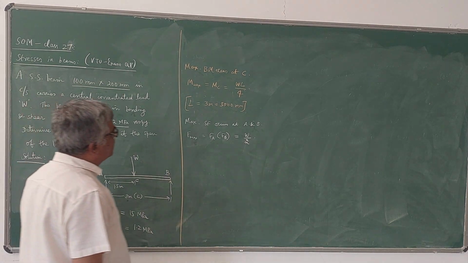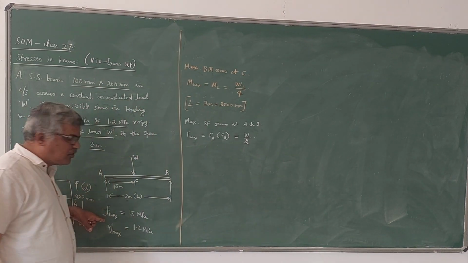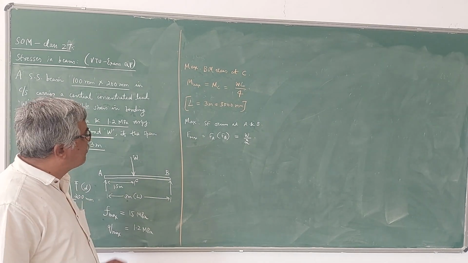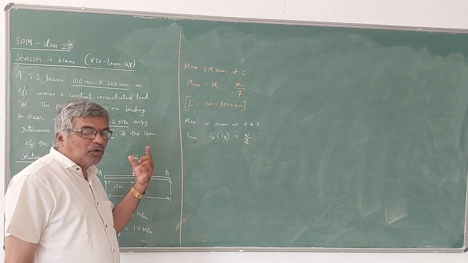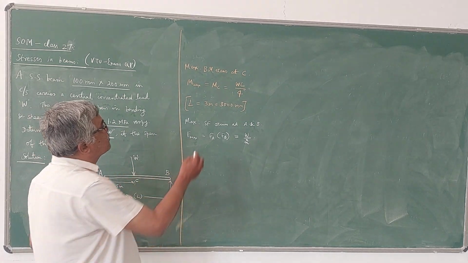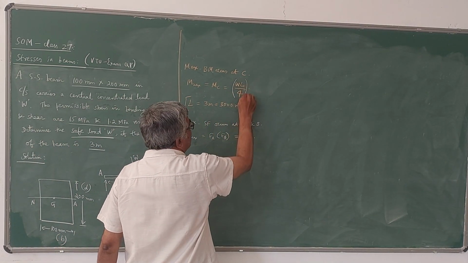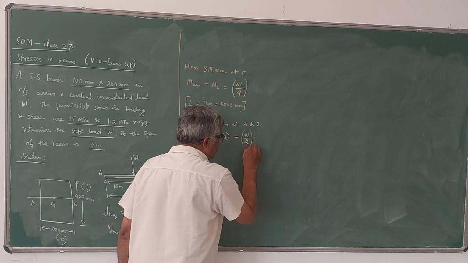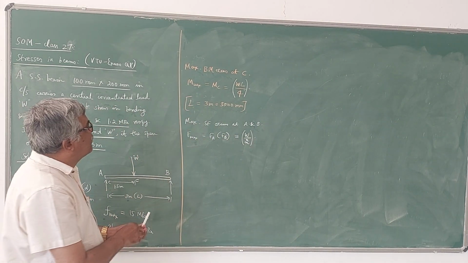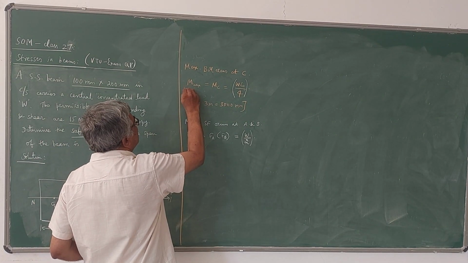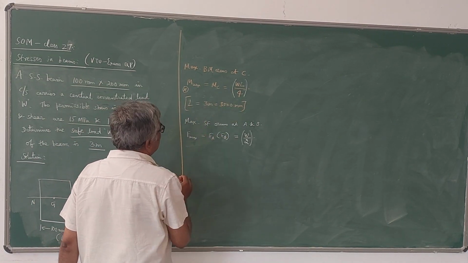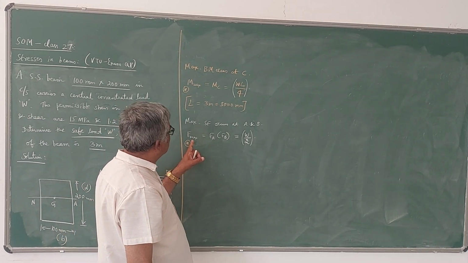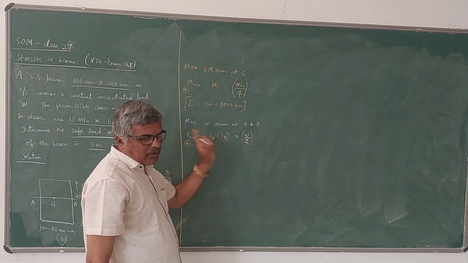Now he has also given the values of maximum bending stress and shear stress. For applying the pure bending equation, we have to take this moment value. For applying the shear stress equation, we have to take this shear value. That is very important. When you are applying the pure bending equation, you take this value for M. When you are applying the shear stress equation, you have to use Fmax, that is W by 2.